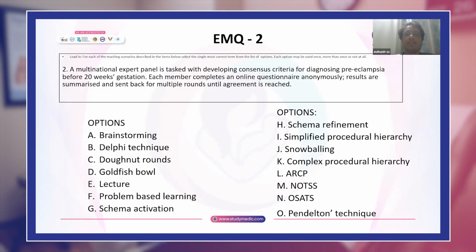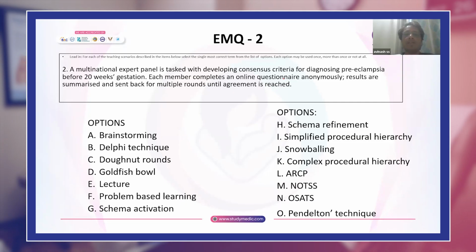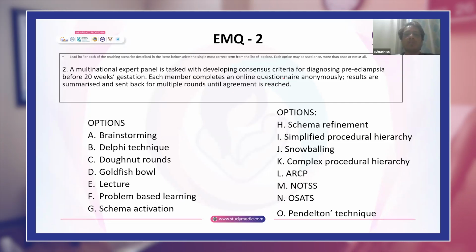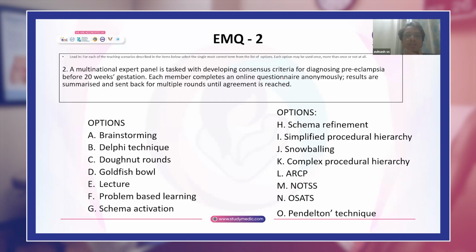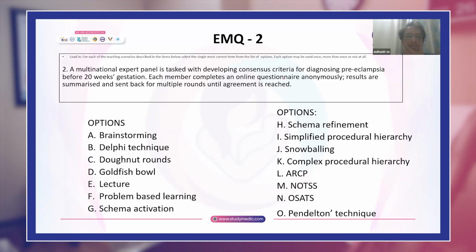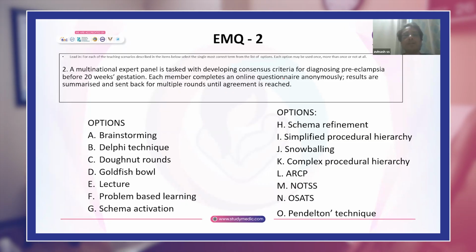They are gathering questionnaires and answering them, and giving those answers to a facilitator who will not disclose the answers to others, but he will recirculate the questionnaires, and then the answers of other experts are shared with the others, and then the same questionnaire is shared with the expert, and then he will again share the answers back.